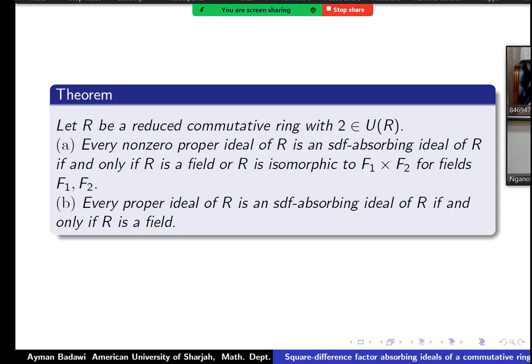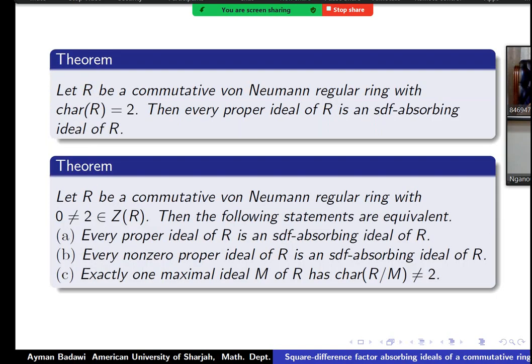Okay? And remember why this is related to von Neumann: all of us know von Neumann regular rings are reduced. So if you have a reduced ring, every non-zero proper ideal is SDF if and only if this condition holds, and you have B, you can read it.